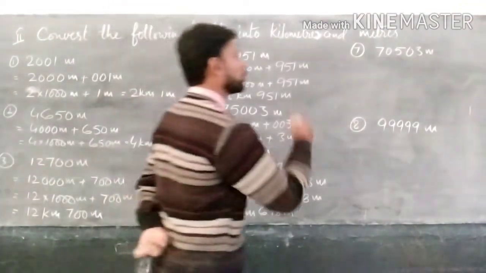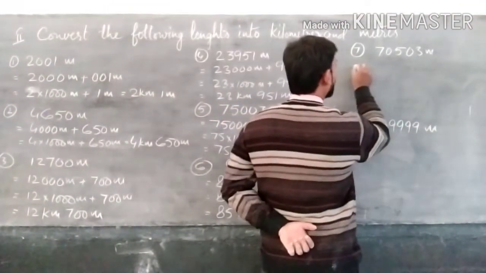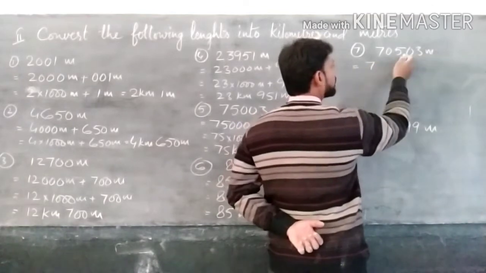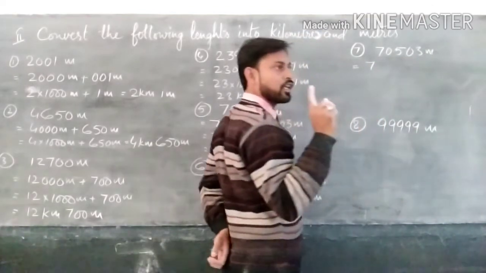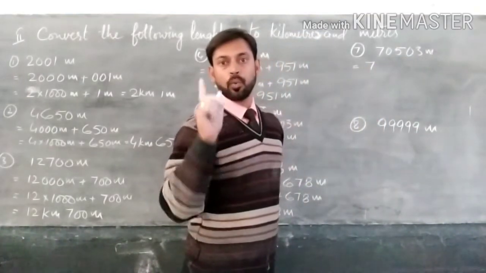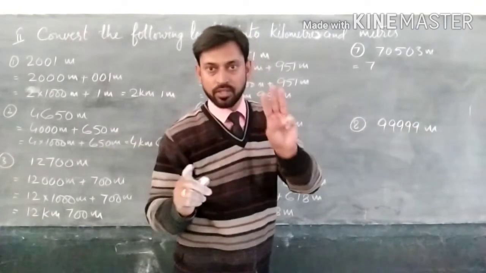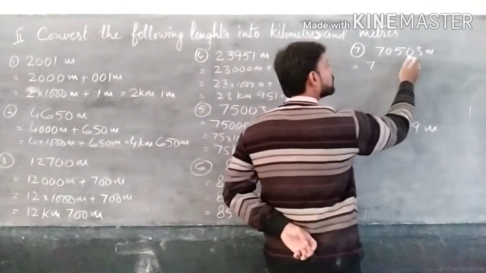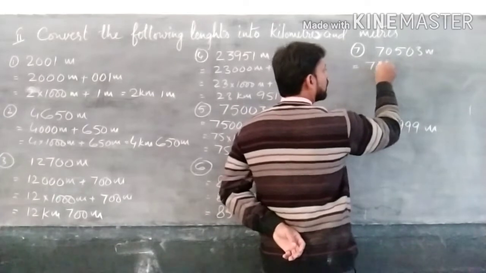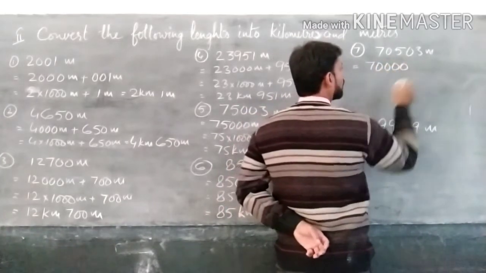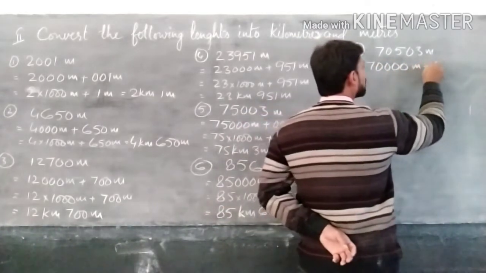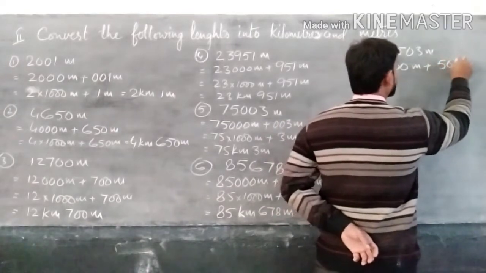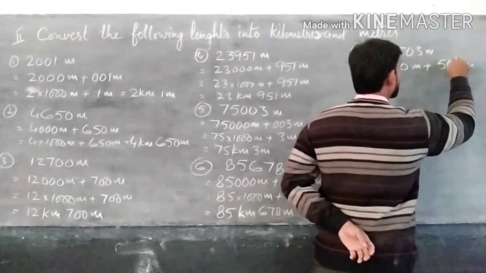Now next question. Again, after 3 places, 1 kilometer equals 1000 meters. How many zeros? 3 zeros. So 1, 2, 3. After 3 places, 70,000 meters plus 503 meters.